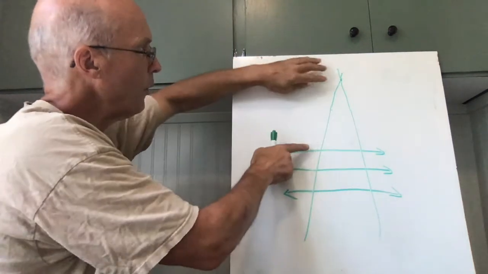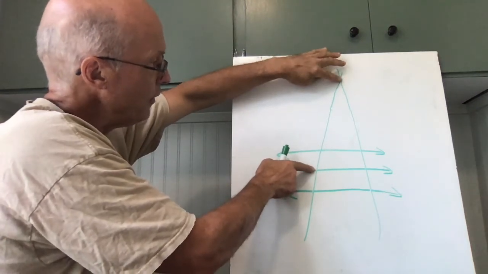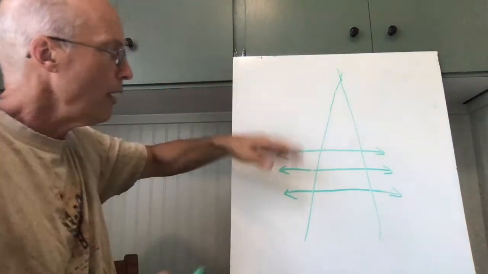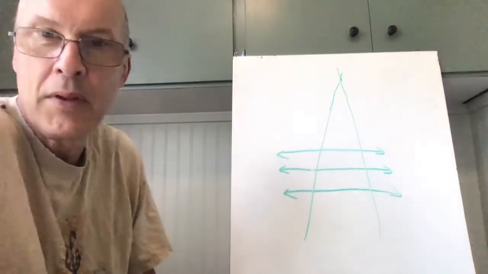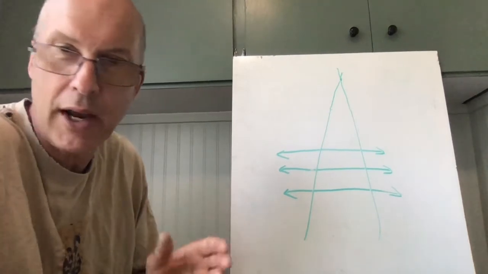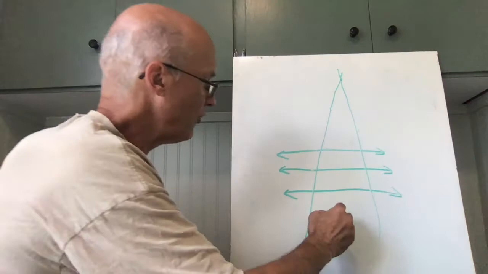Likewise, we know this is going to be proportional to that. This is going to be proportional to that. So anyway, it's cutting them all into proportional parts because you can make a triangle out of it. That's corollary 7.1.